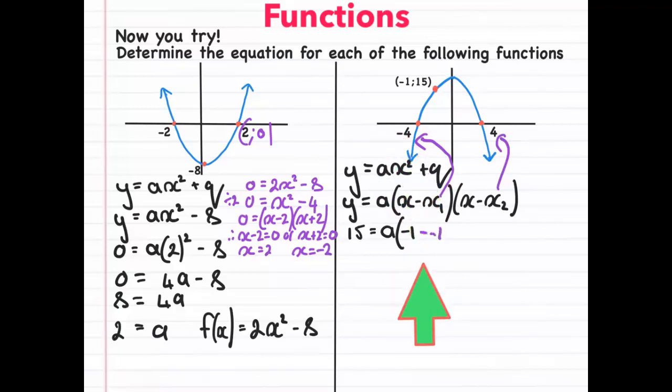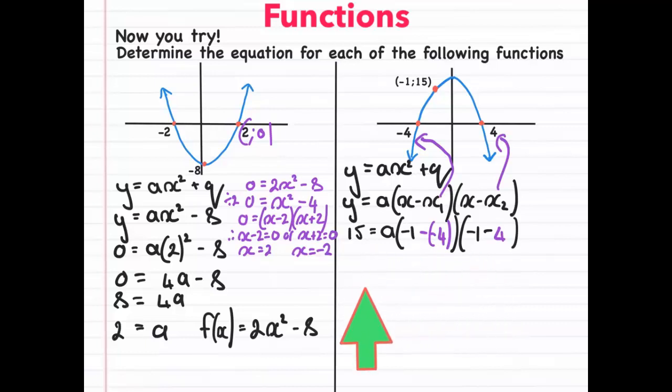Leave that in brackets, and close the bracket off. And then what is x again? It still stays minus 1, it's still the same point, and then x2 is 4, so it will be minus that 4. Let's close the bracket. There we go. And now what do we do next?